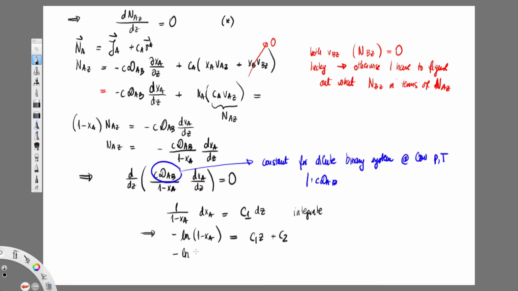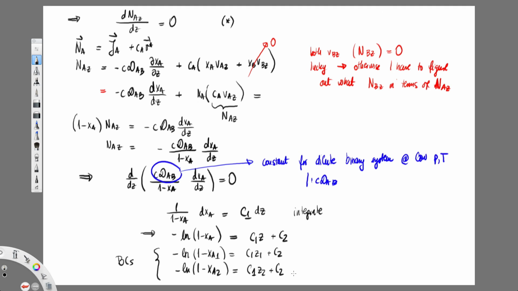Minus ln of 1 minus XA1 is C1 Z1 plus C2, and minus ln of 1 minus XA2 is C1 Z2 plus C2. And you would subtract the two to eliminate C2, and express what C1 is.